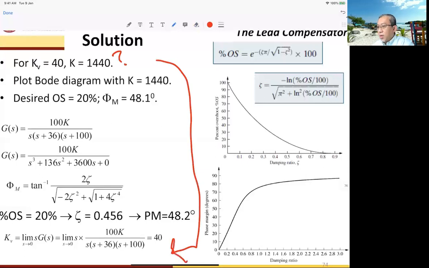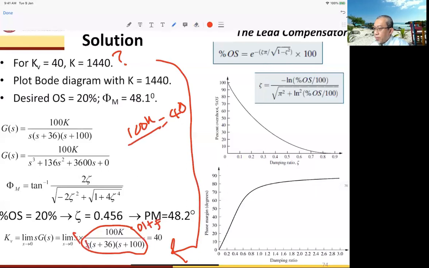Kv is equal to the limit of s G(s), where G(s) is the open loop transfer function. When you replace s equal to 0, it will give you Kv equal to 40 equals 100K, where the s in the numerator cancels out, so the remaining will become 36 multiplied by 100.